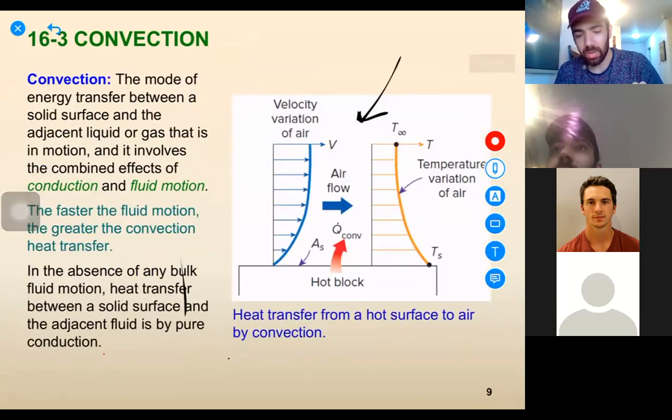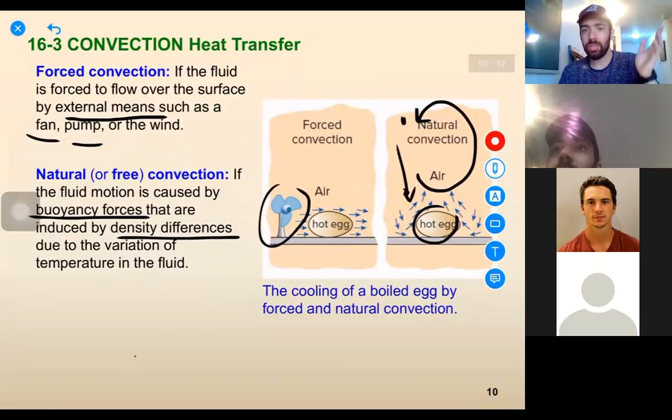The next kind of mechanism was convection. In convection, we had forced convection and natural convection. Forced convection actually refers to the systems where we have external means of transferring heat, whether we have a fan or a pump or a turbine. In natural convection, you do not have any external means.